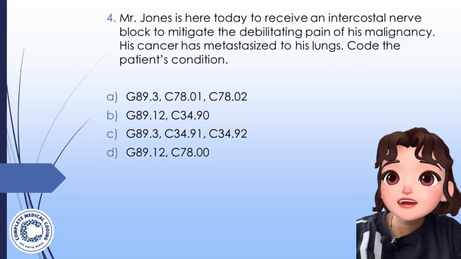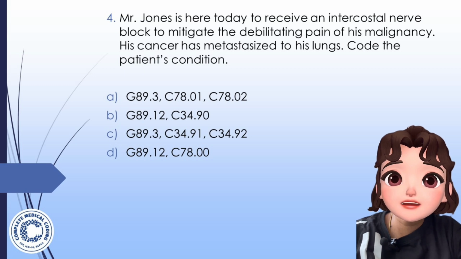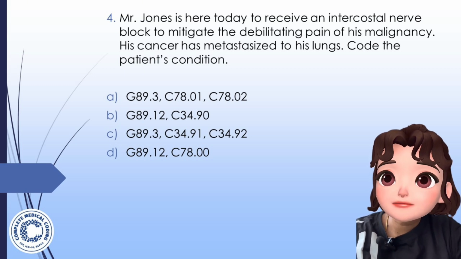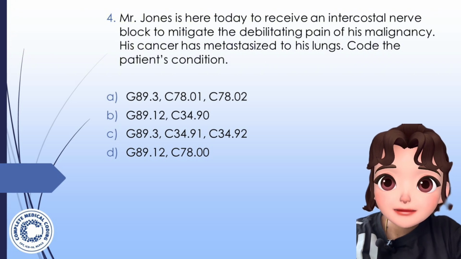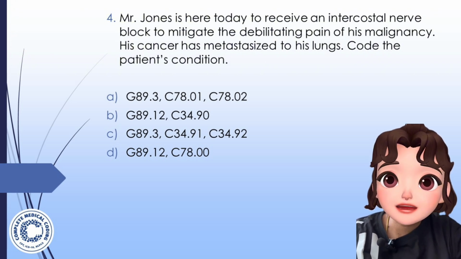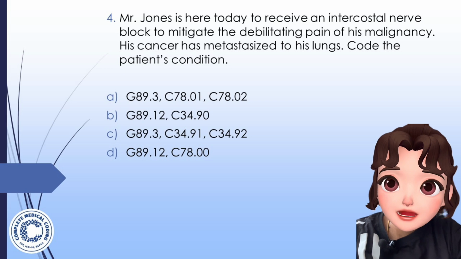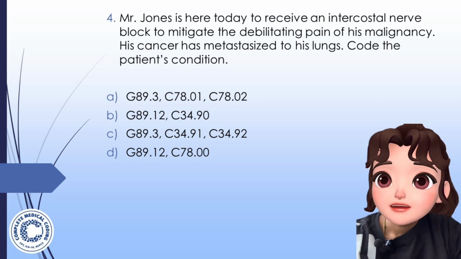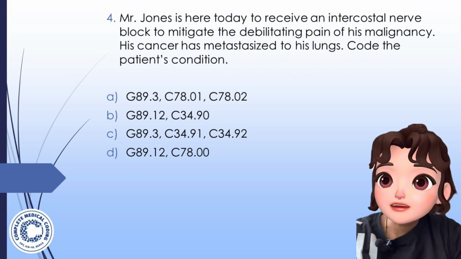Mr. Jones is here today to receive an intercostal nerve block to mitigate the debilitating pain of his malignancy. His cancer has metastasized to his lungs. Code the patient's condition. So this is only ICD codes. What is mentioned in the question?